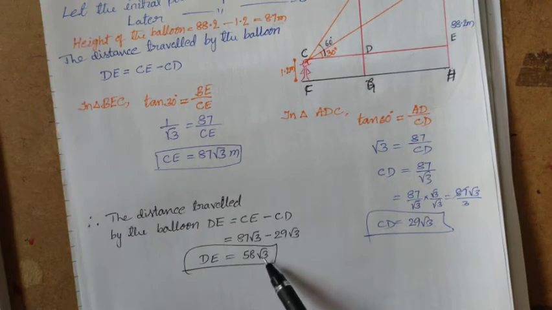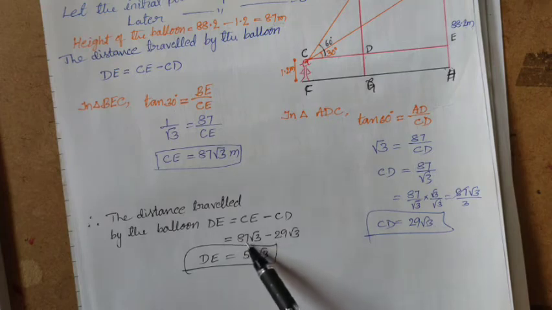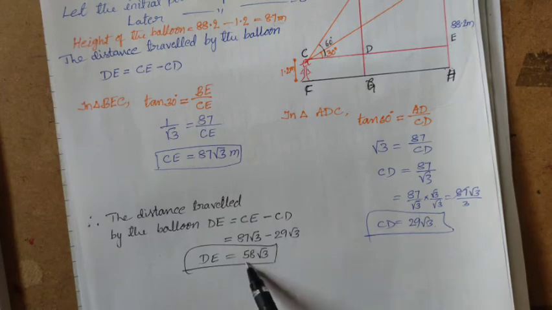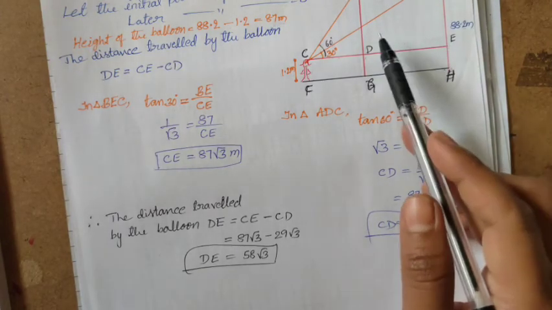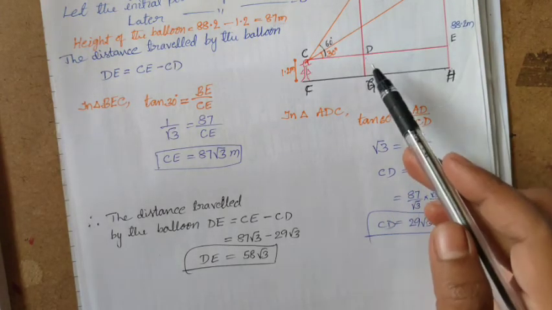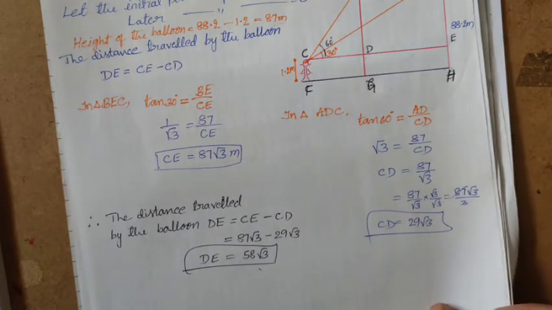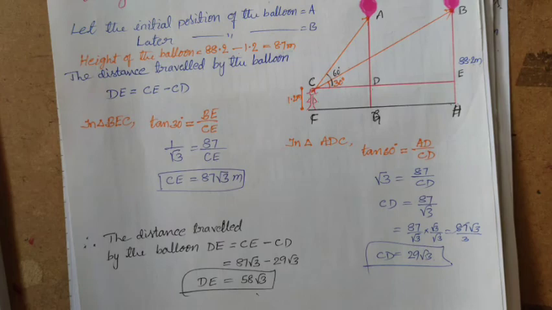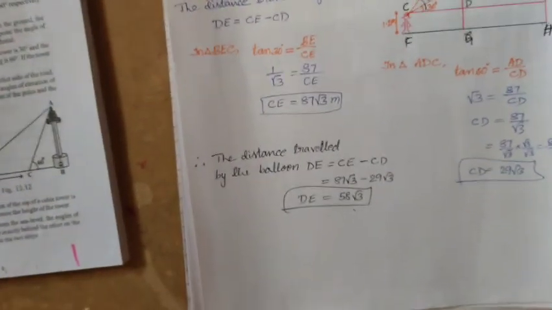Root 3 is the common term. So, 87 minus 29, subtract 29 from 87, we get 58 root 3. So the distance travelled by the balloon during this interval is 58 root 3. In this way we can find the answer by using trigonometric applications.